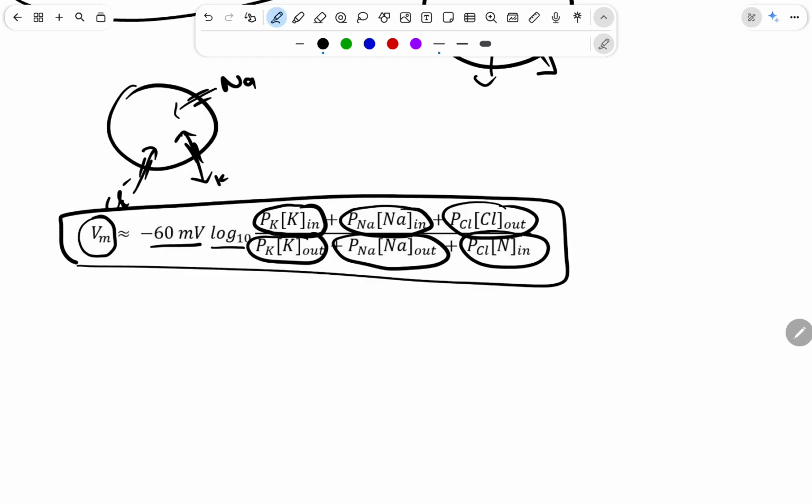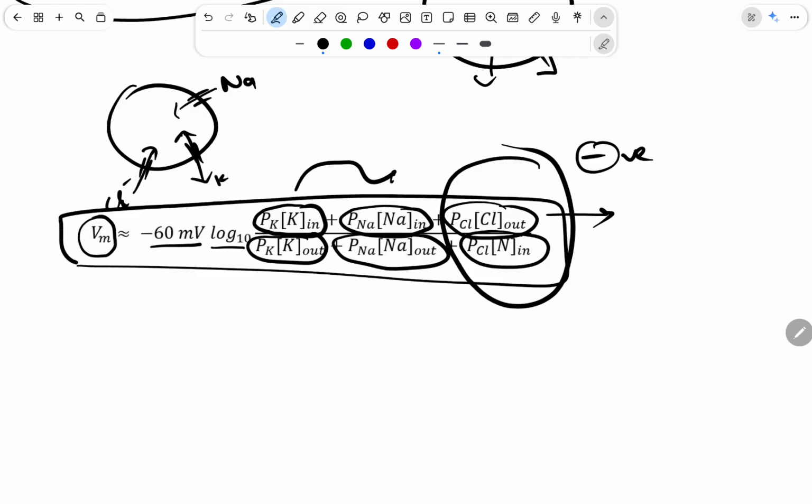You can see all of this. This is the sum of all the concentrations. See here, the chloride is outside by inside because it has negative charge on it, and these two have positive charge. Got it? Now, if there is any other negative ion for X, it will become outside by inside. Very simple.